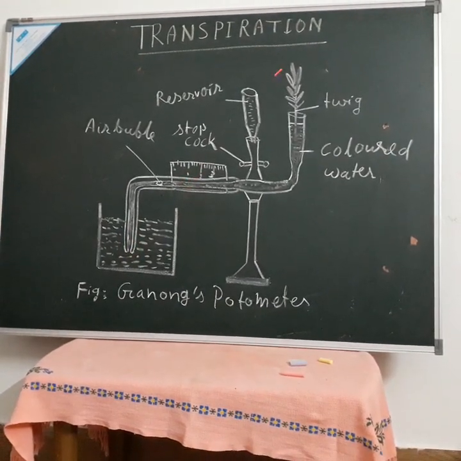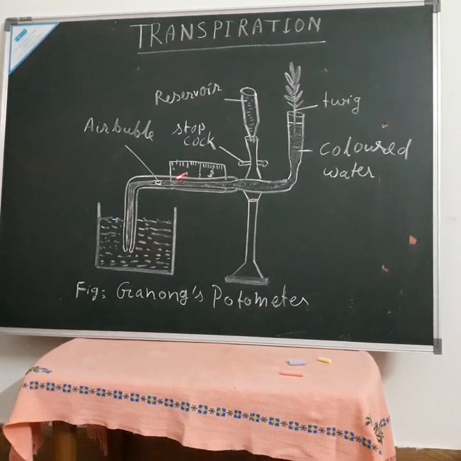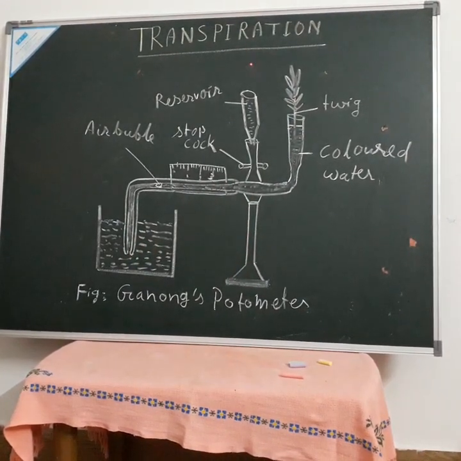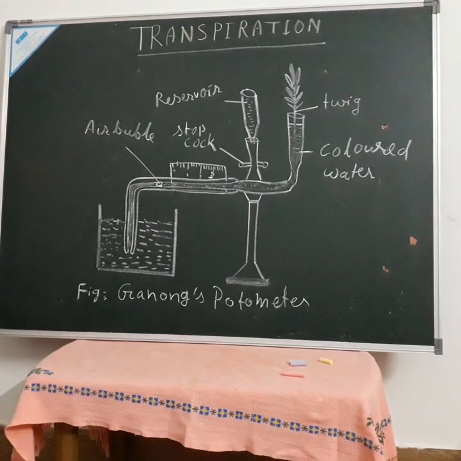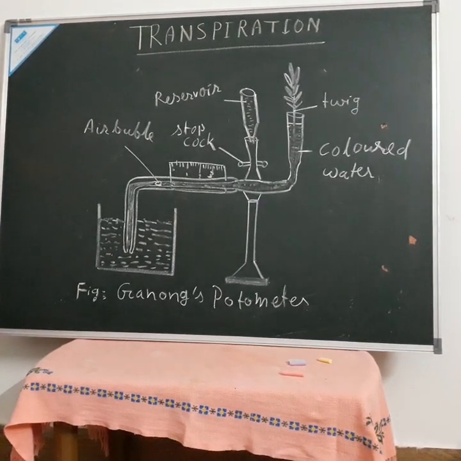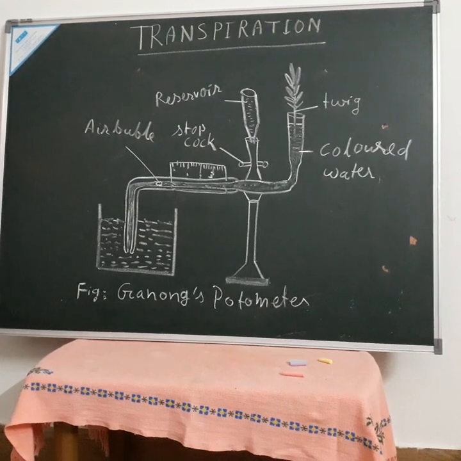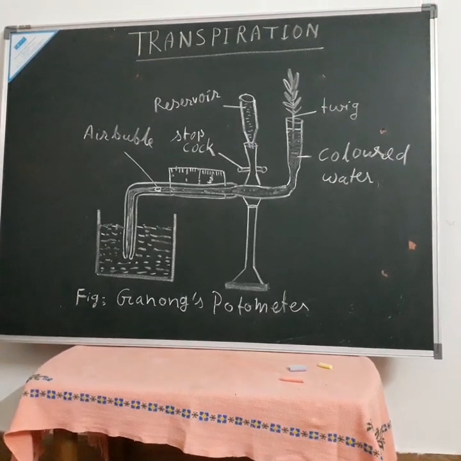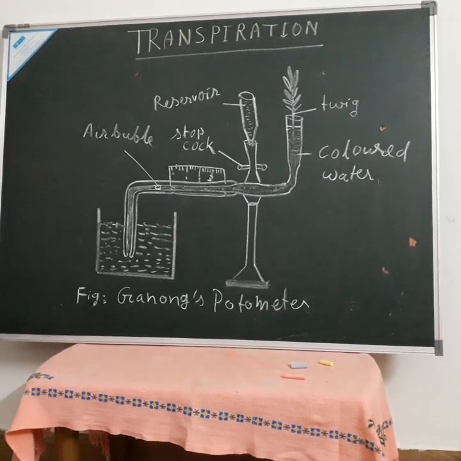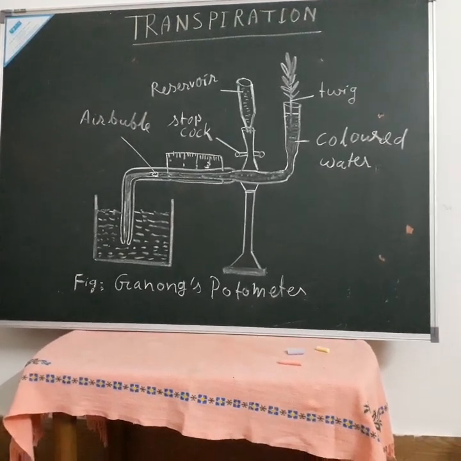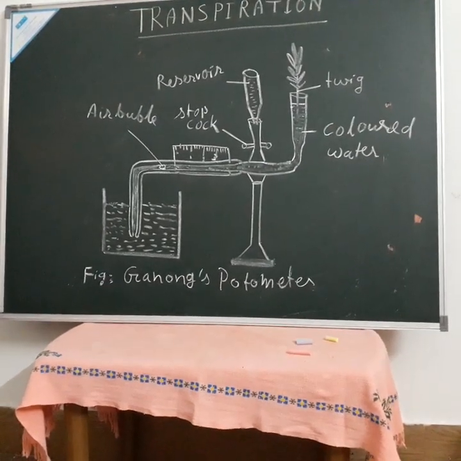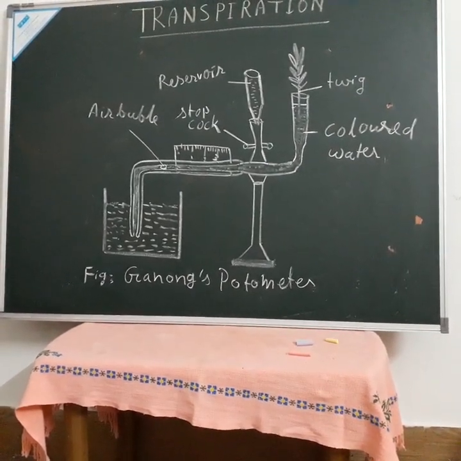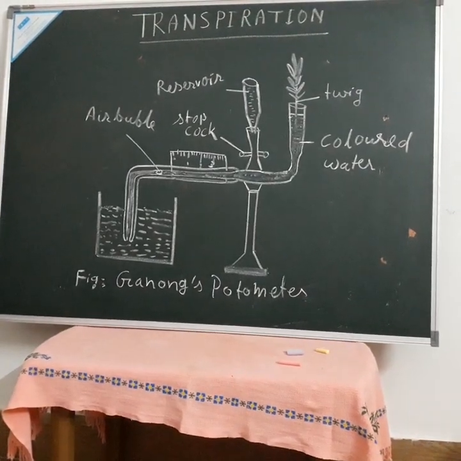Now the whole apparatus is kept in the sunlight. As the water is lost, transpiration proceeds. As the water is lost from the twig, a suction force is set up which pulls the water from the beaker, and the bubble in the capillary tube moves along.